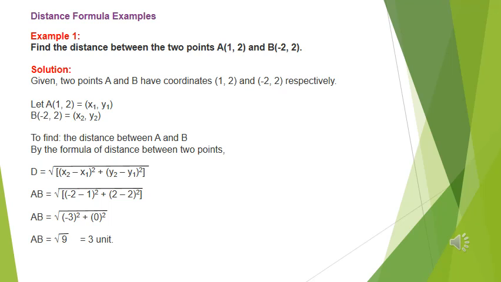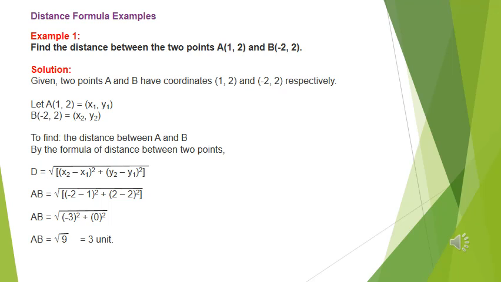Here we have to find the distance between two points, A and B. Given two points A and B, having the coordinates (1, 2) and (minus 2, 2) respectively. We assume that the coordinates of A are x1, y1 and the coordinates of B are x2, y2.